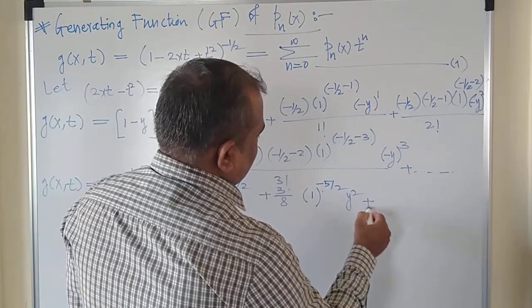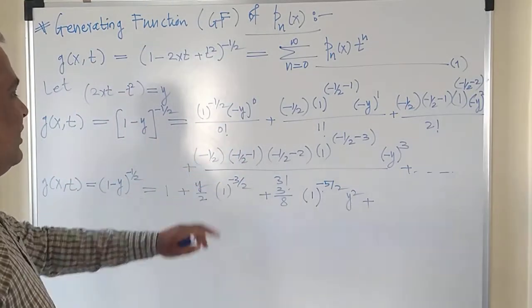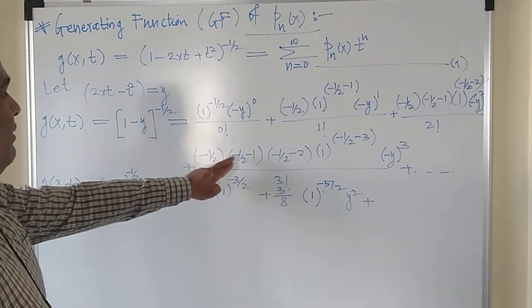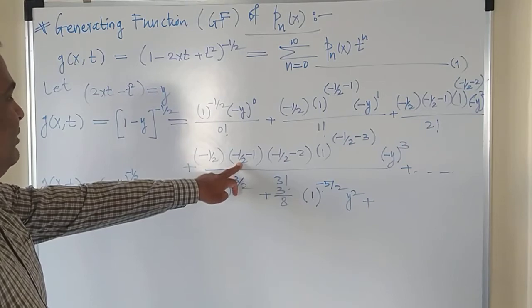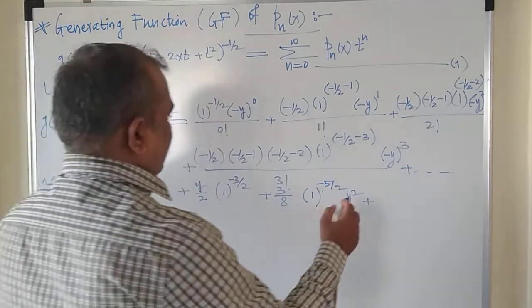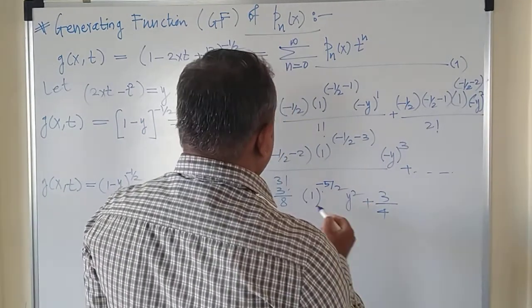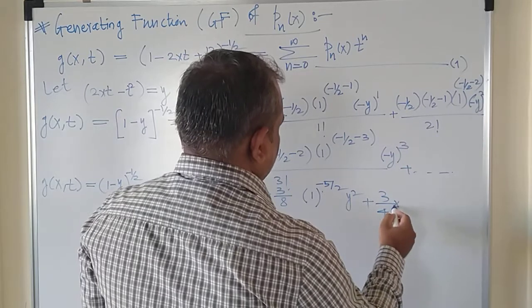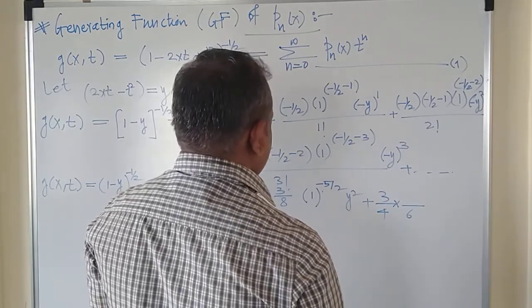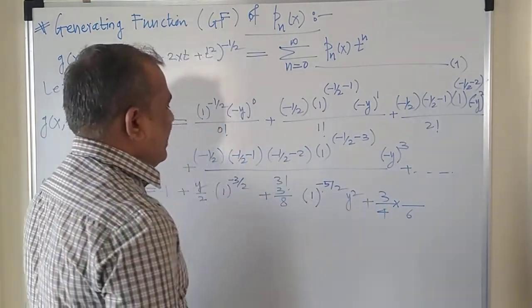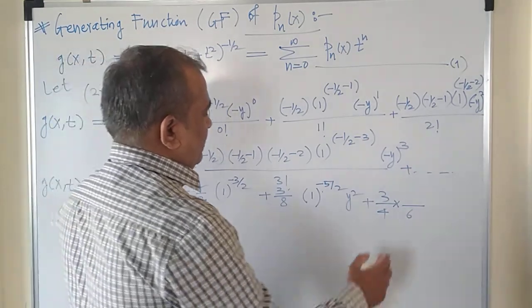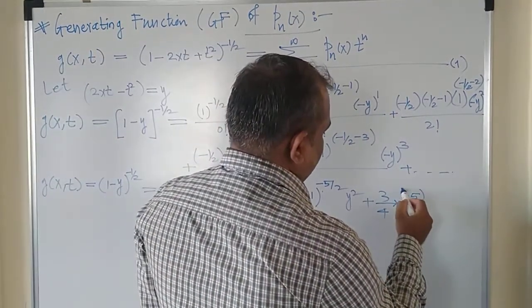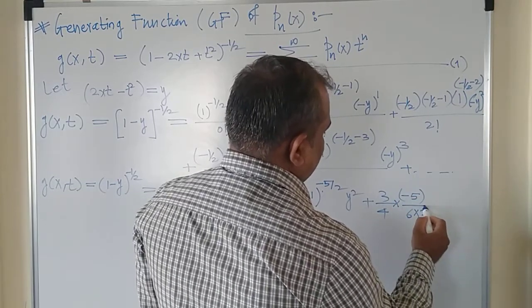So let me write y square, plus next term, minus half minus 3 by 2, and minus minus will be plus 3 by 4, plus 3 by 4 into 3 factorial, this 3 factorial is 6, and this one is minus half minus 2 will be minus 5 by 2, minus 5 by 2.